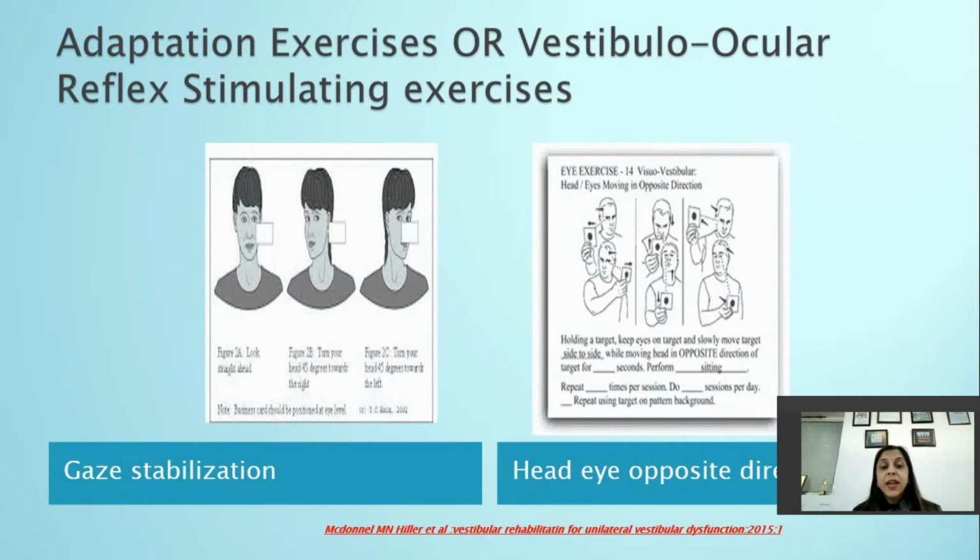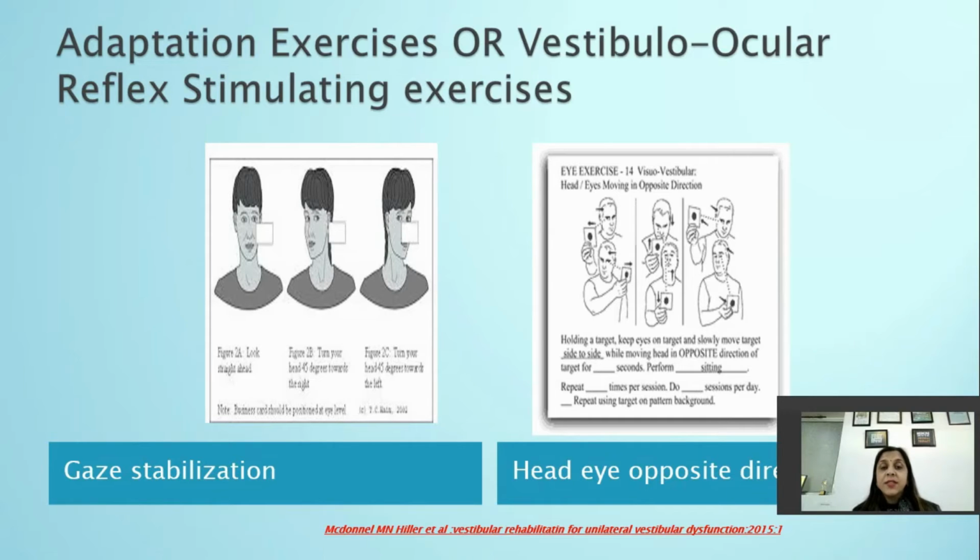Then turn the head 45 degrees towards the right, and then again turn the head 45 degrees towards the left side. In this exercise, we ask the patient to look straight and maintain the focus of vision at one particular point.